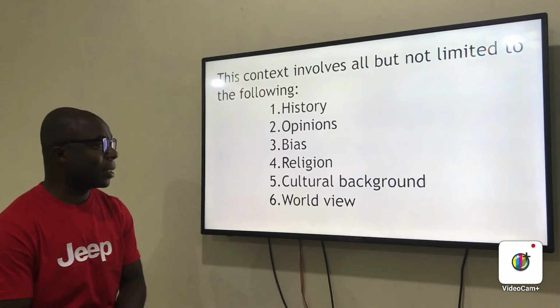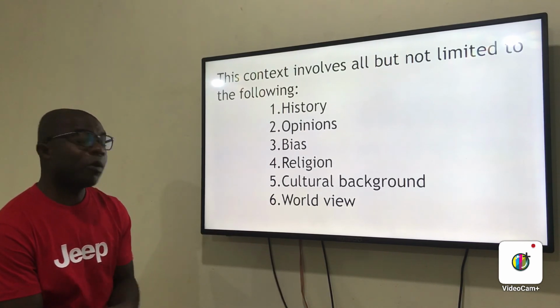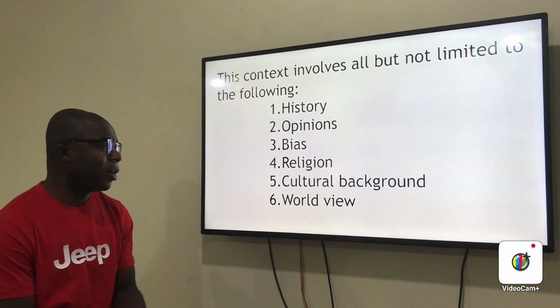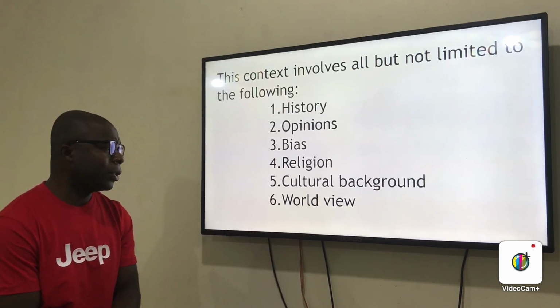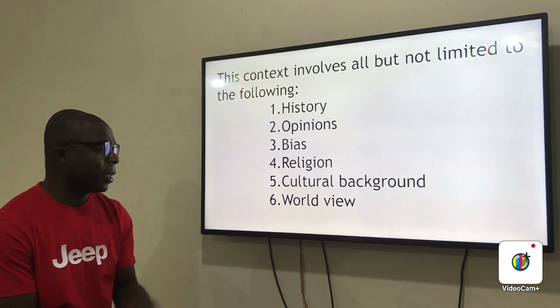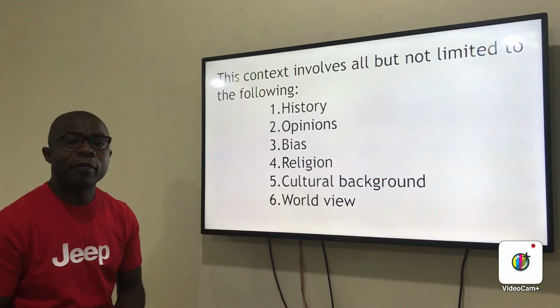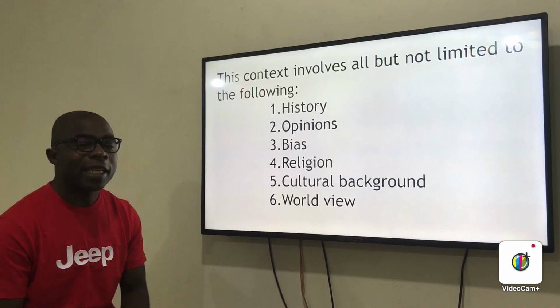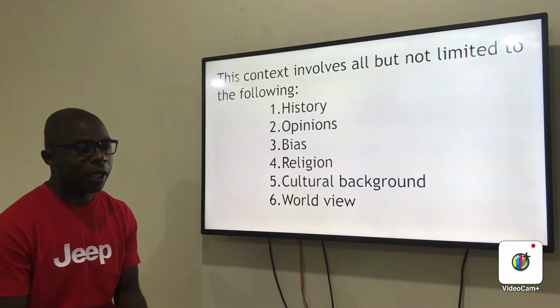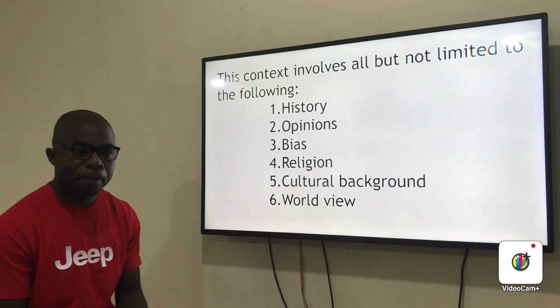Your bias can also inform that. Your religion can inform that. Your cultural background can inform that. And then your worldview, the angle from which you see the world, can inform your understanding of what you hear, what you read, or what people say.